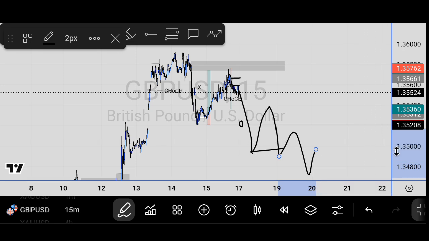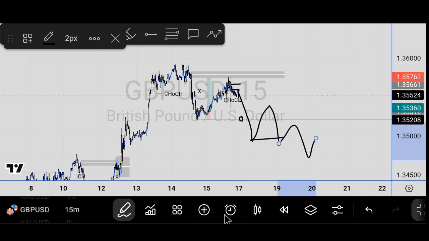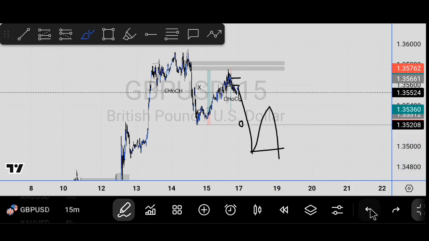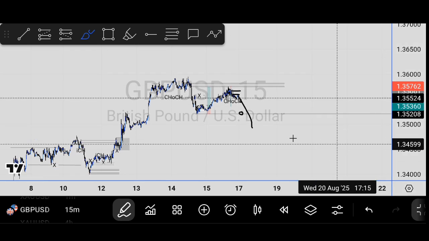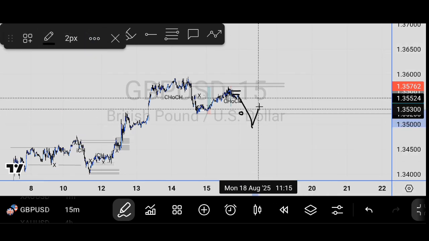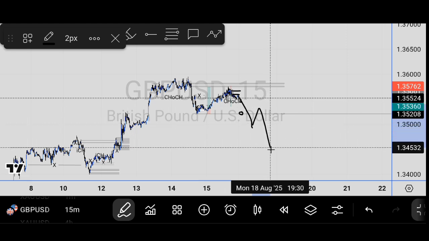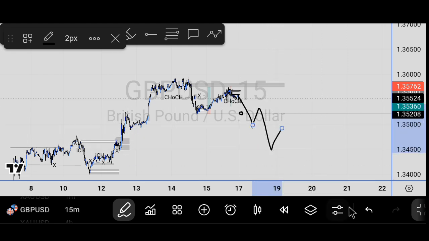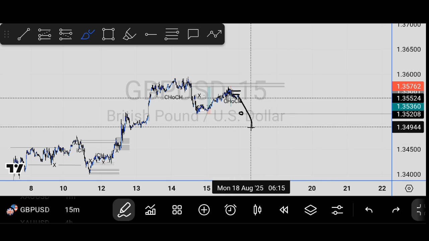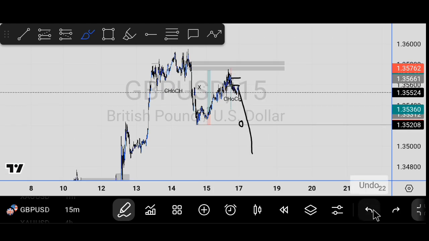But in a situation whereby, let's say price did something like this, tap into this low and give us an extended move, and then fail, let's say something like this.